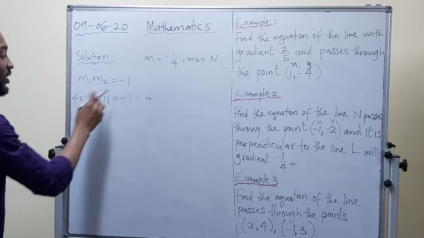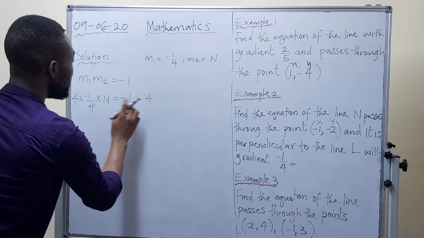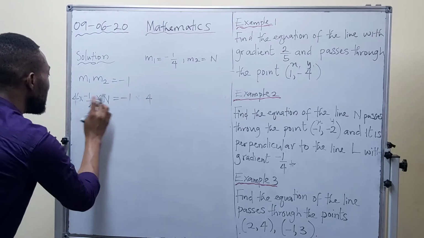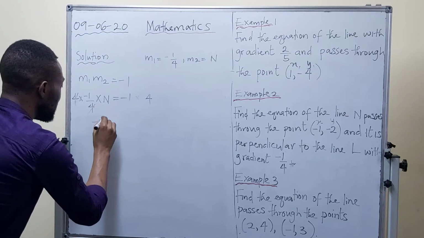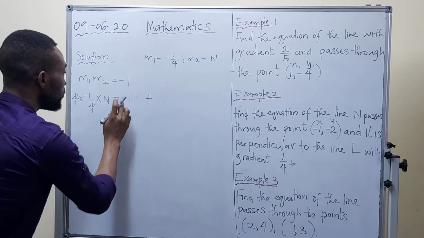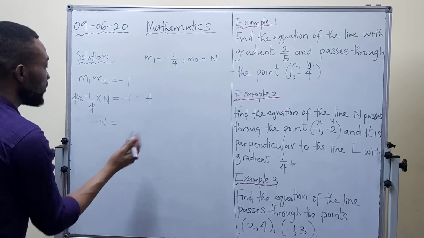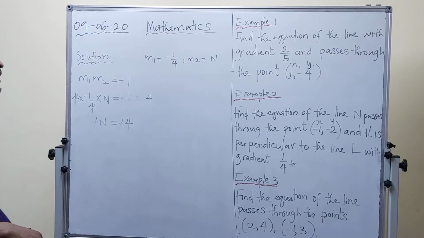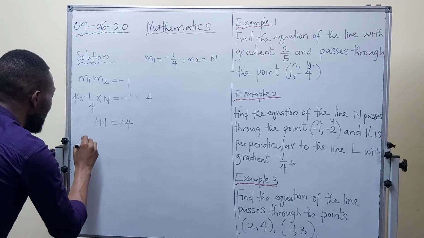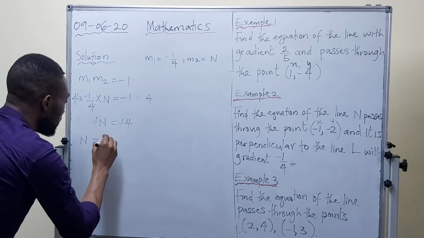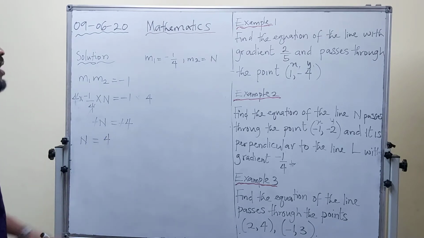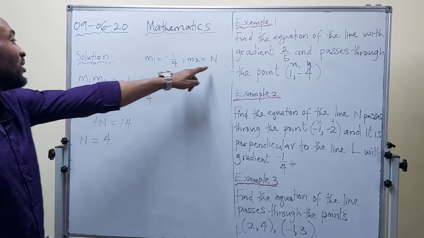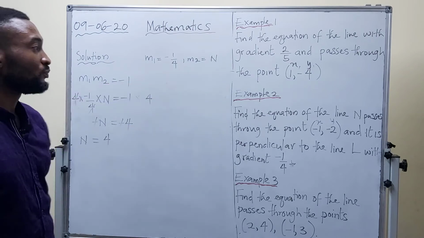I still have -1 left. So -1 times n gives me minus n, which is equal to -1 times 4 to give me -4. So minus can easily cancel minus. So then my n will equal 4. So remember, our n is equal to m2.